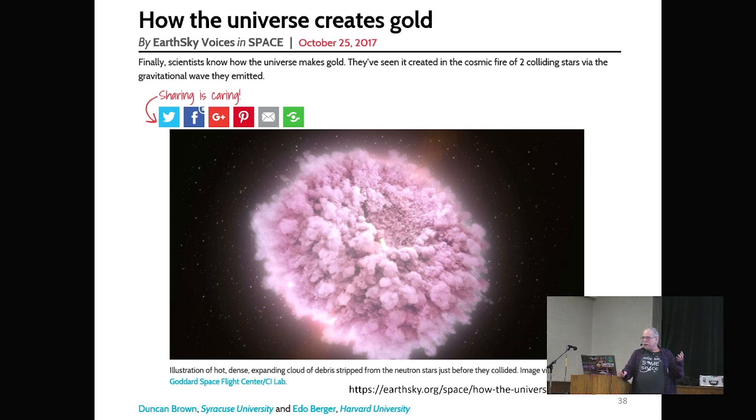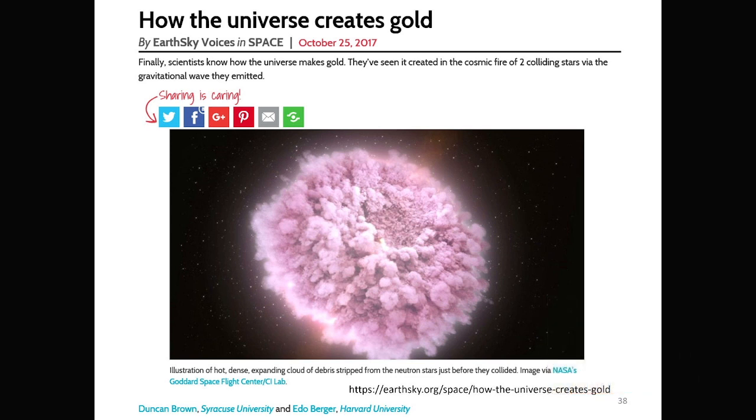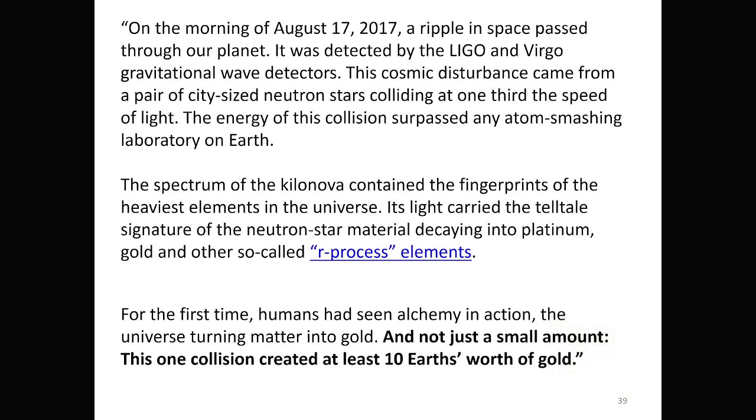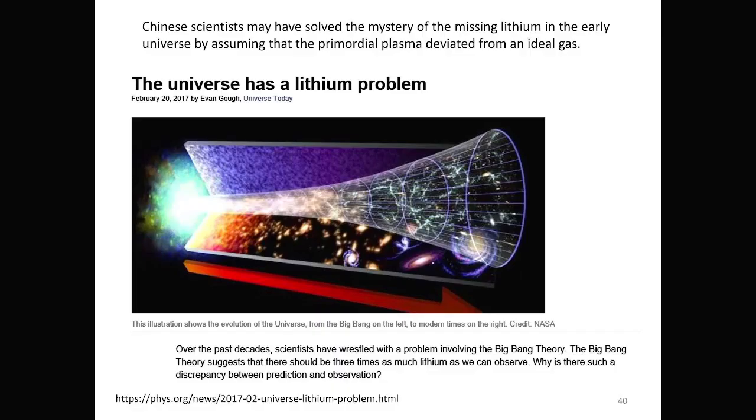So LIGO and Virgo saw a signal of two neutron stars colliding, and this was on August 17, 2017. These two neutron stars produced 10 Earths worth of gold in one collision. So you get a lot of the heavier elements that way.